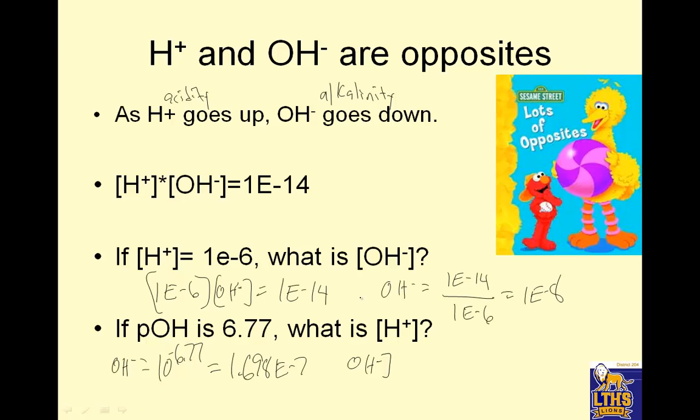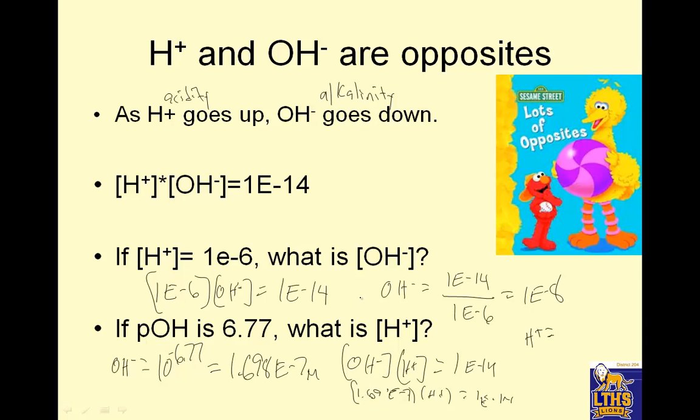And I want to find H positive. Well, OH negative times H positive equals 1 E negative 14. So this is OH negative, 1.698 E negative 7, times H positive equals 1 E negative 14. Sorry, my writing's so weird.